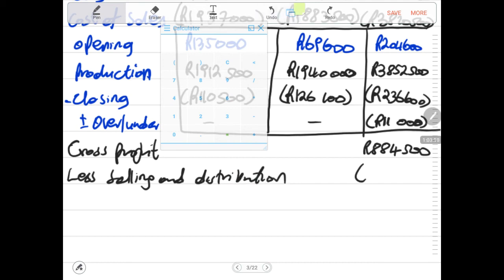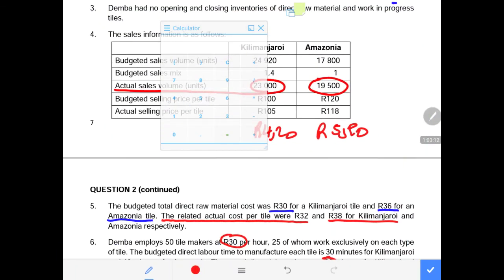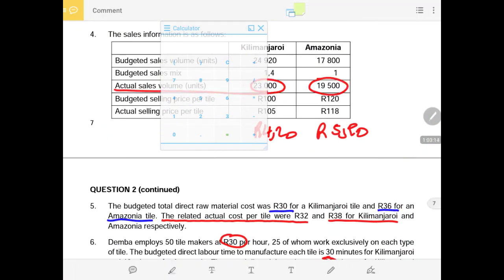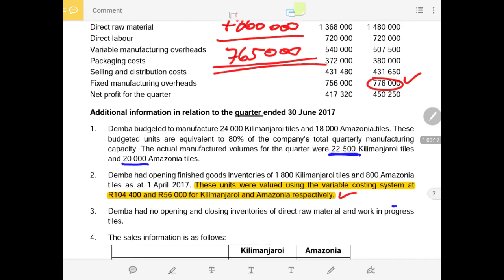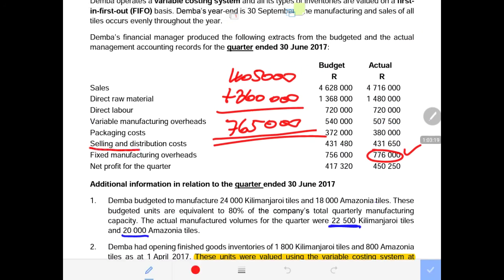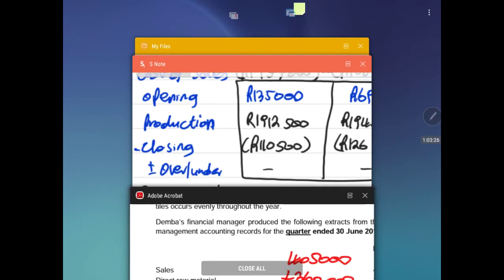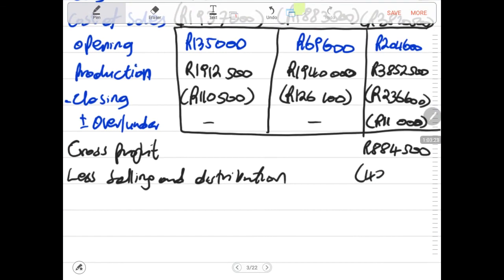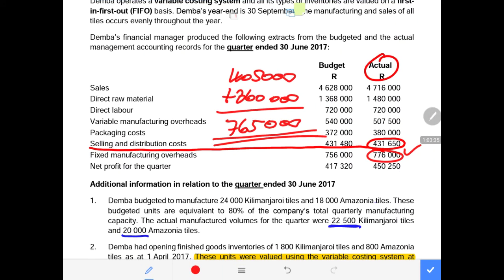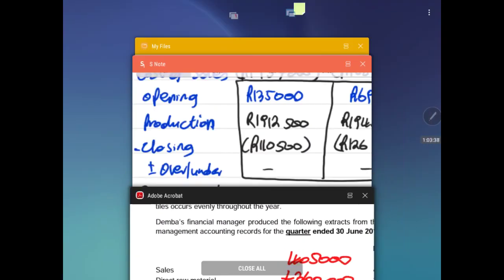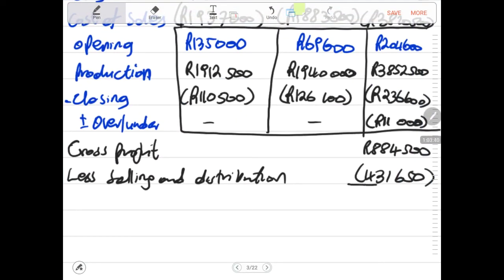Always actual, because we are required to use the actual information regarding our sales and distribution. Sales and distribution actual is 431,650. Therefore now we will get to our actual net profit.